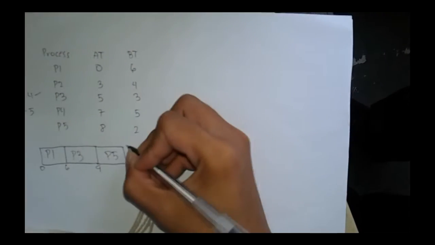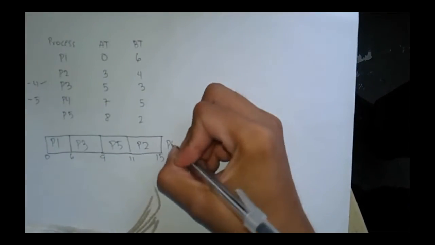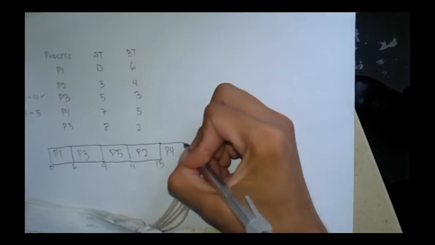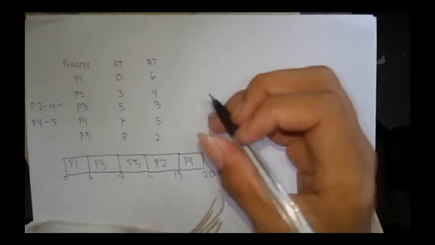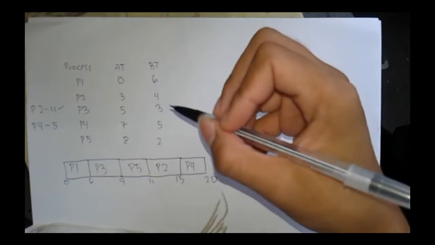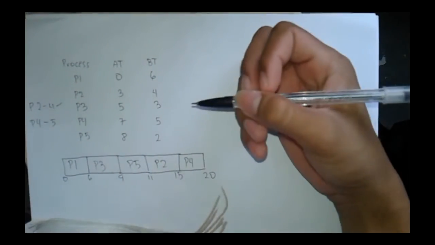And P2 will end at time 15. And then at last, P4, because there's no other process in the ready queue, and it will end at time 20. But in some cases, if there's the same burst time, you need to apply the first come first serve algorithm.